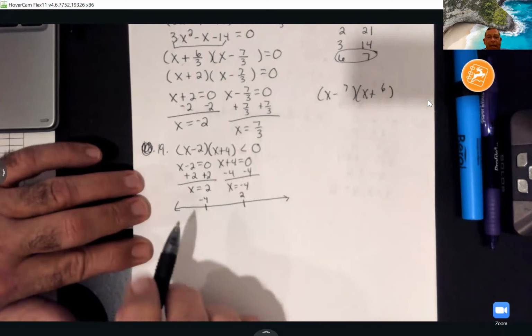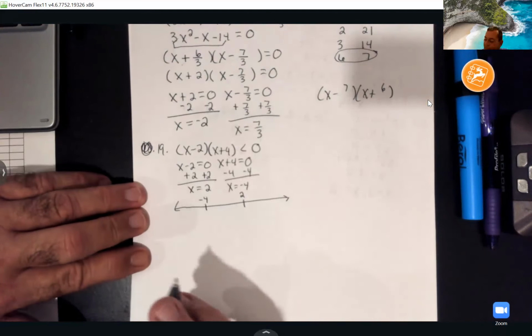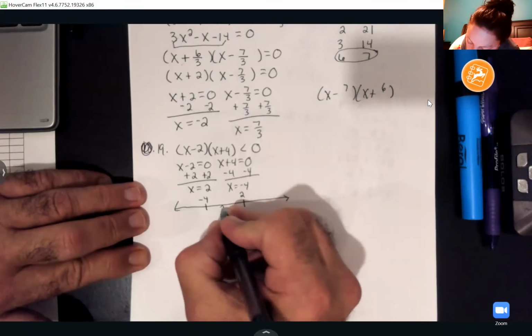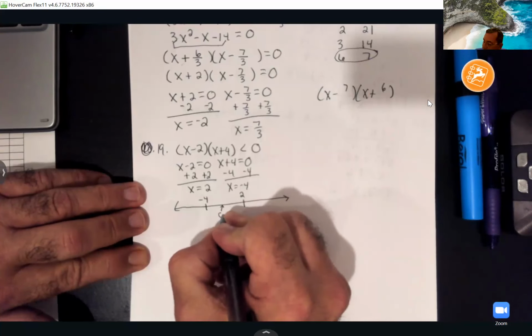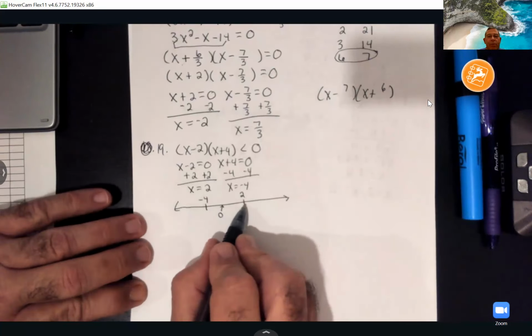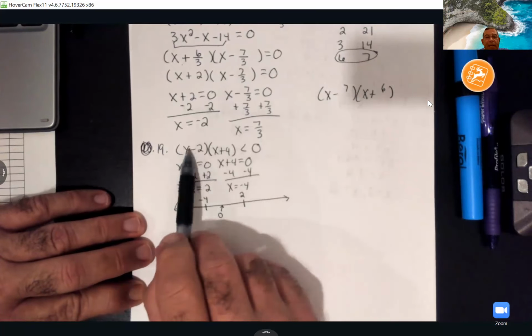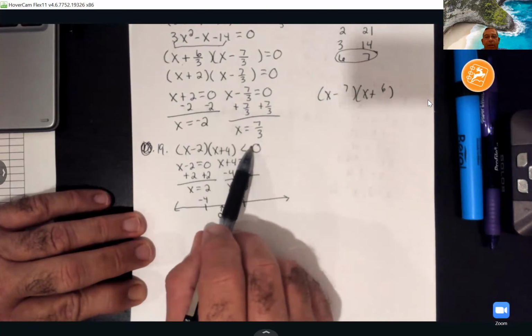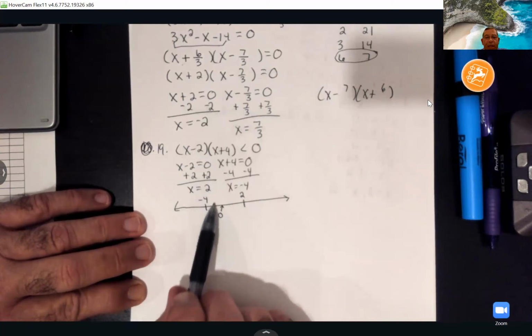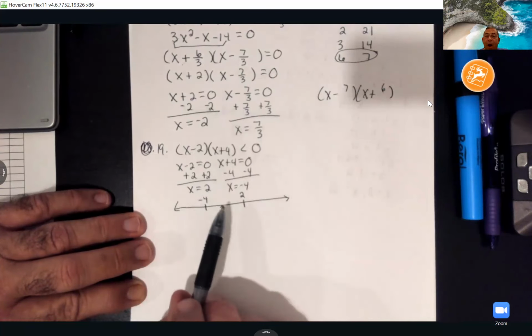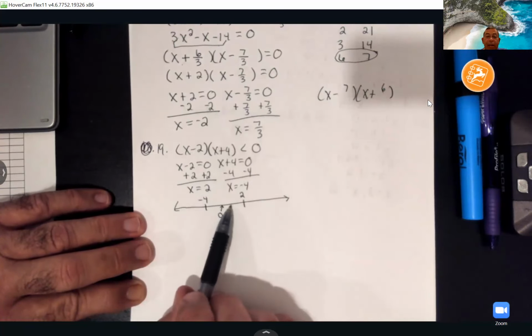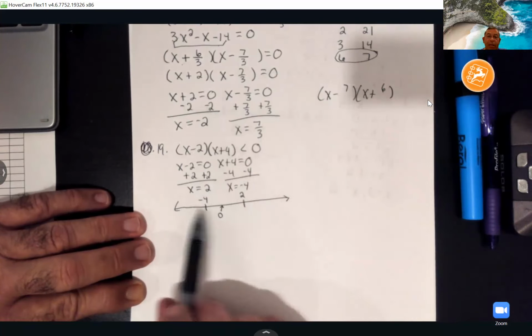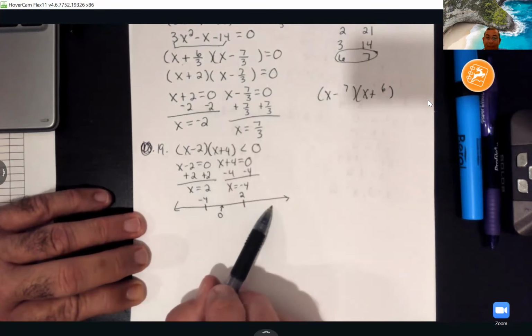So y'all remember I tested one number every time. 0. And y'all, that 0 is going to be in between that -4 and 2. So I'm going to test 0 up here in this original equation. If it's true, I'm going to shade that area. If it's false, I'm not going to shade that area, which means we're going to shade both ends of this, okay?